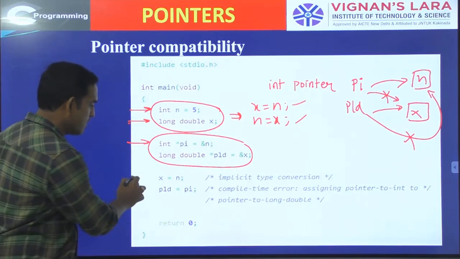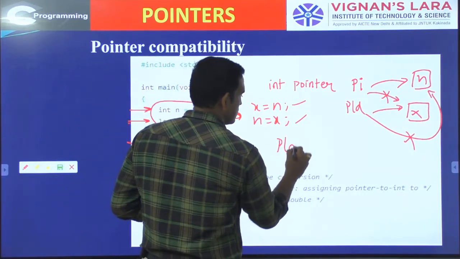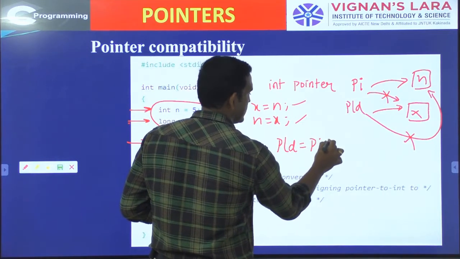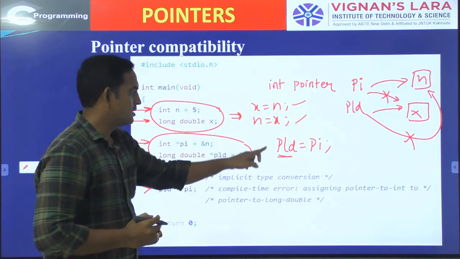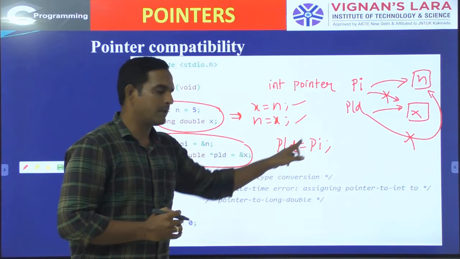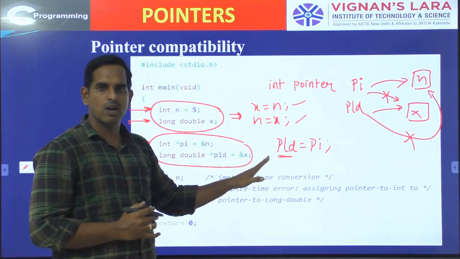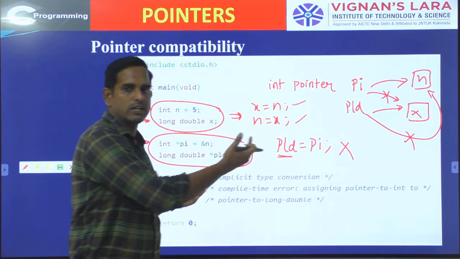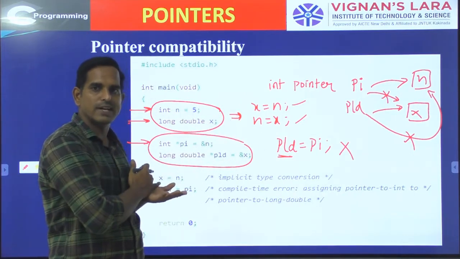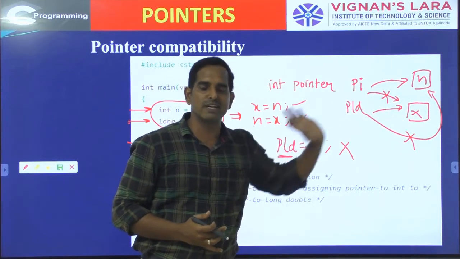But if I do pld is equal to pi, where pld is your long double pointer and pi is an integer pointer, you cannot assign your integer pointer to the long double pointer. That is one level of compatibility, where one pointer cannot be assigned to another pointer. In the same case, one pointer cannot point to a different data type.